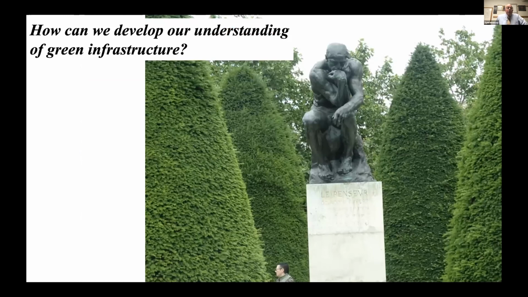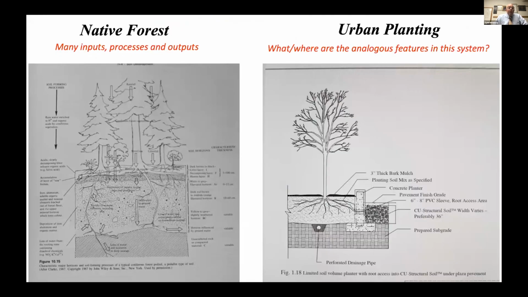Okay, how can we start to think about things that we know about green infrastructure? Here's an example, a caricature or cartoon showing a native forest with the soil underneath it on the left.